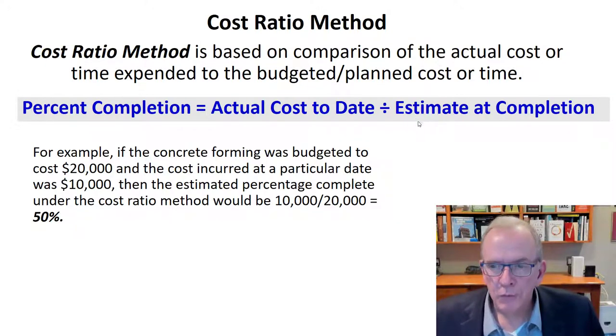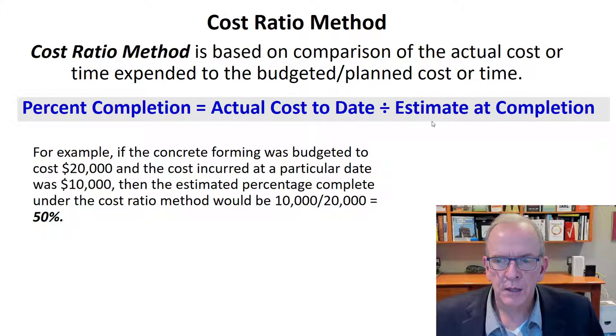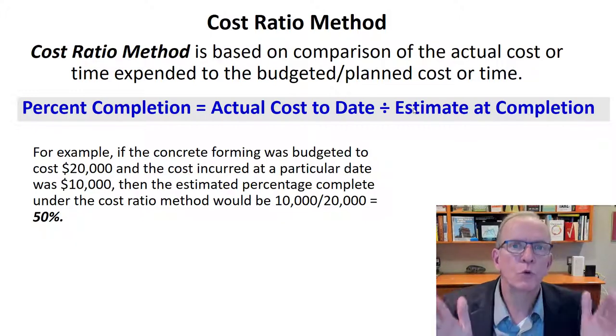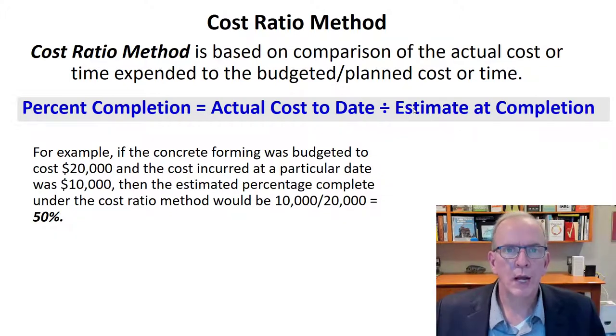Then when we think about estimate at completion, we'll talk about this when we get into earned value a little bit. Estimate at completion could be higher than what your budget was, because now you're in the project. Maybe you've determined something now is going to cost more as a result of that. So how are we comparing to the estimate?